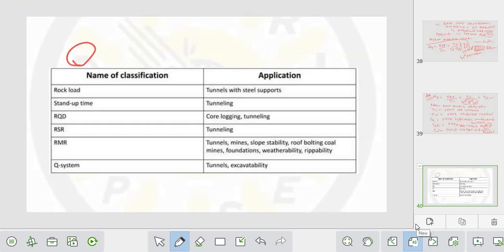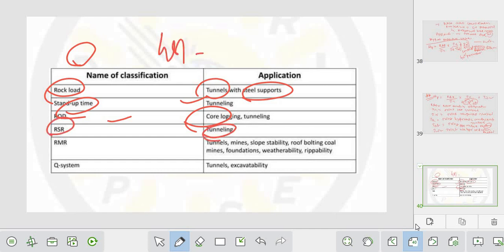So name of classification, if the rock load, क्यों हम यूज करते हैं टनलिंग वर्क के लिए विथ स्टील सपोर्ट, स्टैंड-अप टाइम टनलिंग वर्क, आरक्यूडी कोर लॉगिंग के लिए यूज करते हैं, है ना? आरएसआर भी टनलिंग के लिए यूज करते हैं. You can write it in the GSI mains examination also. That's a different type of application.